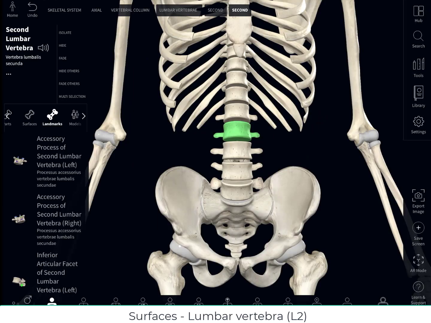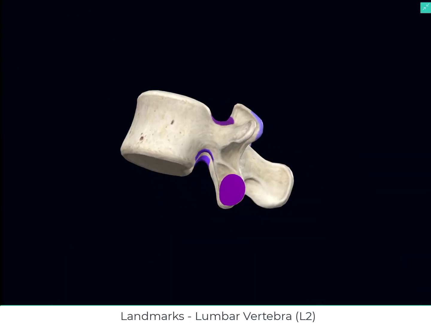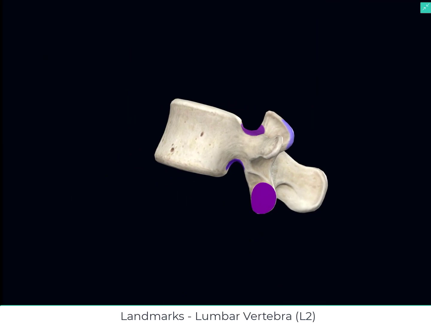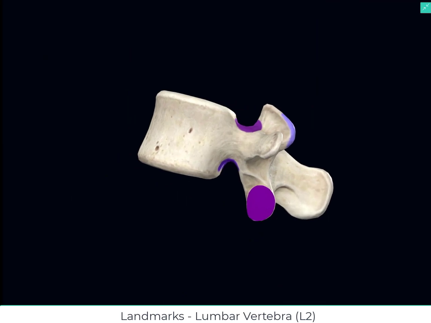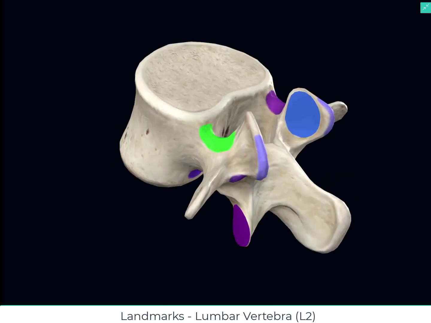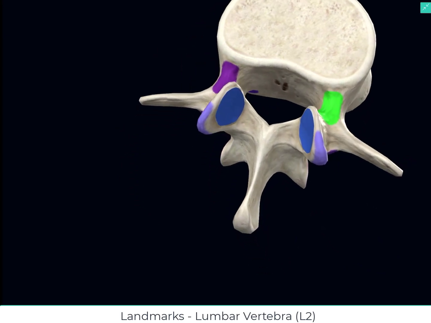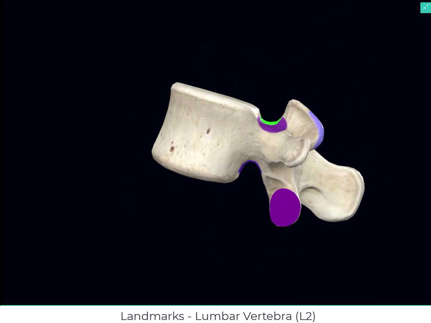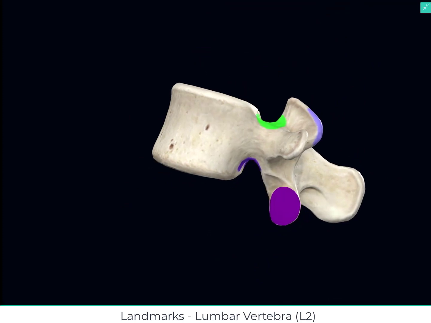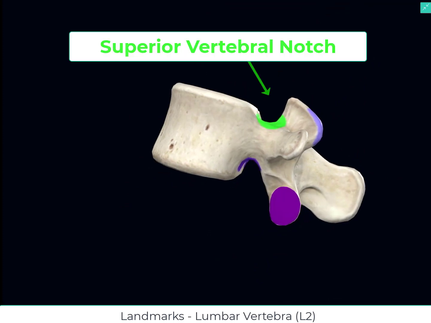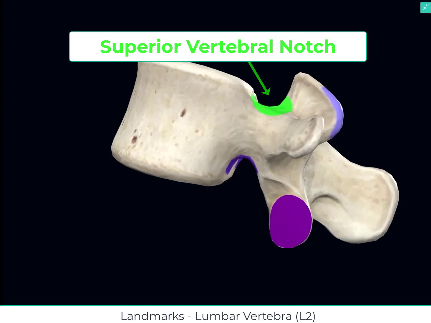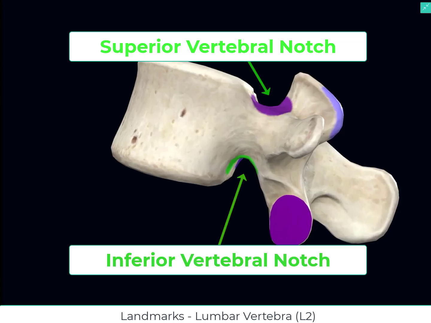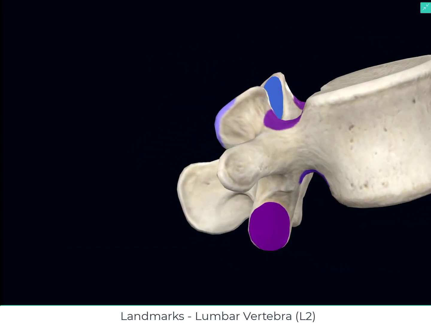Now let's talk about the landmarks. This is the left lateral view. And on the pedicles, as you can see, we have two depressions, superiorly as well as inferiorly. These tiny depressions on each pedicle, we are going to call not a depression, not a fossa, but a notch. So we have a superior vertebral notch and an inferior vertebral notch on both sides, obviously, on each pedicle.